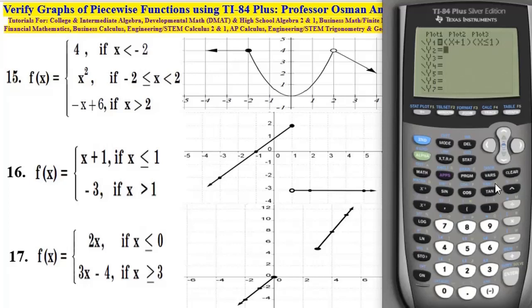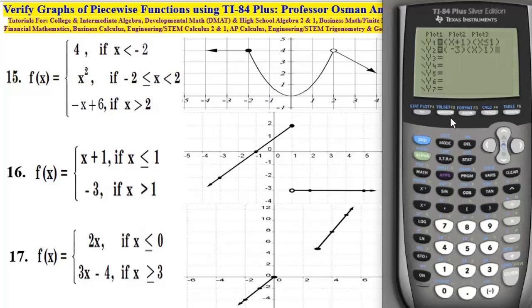And it is minus 3, and this is valid when x is greater than 1. Okay. So it is x plus 1 if x is less or equal to 1, and it is minus 3 if x is greater than 1.